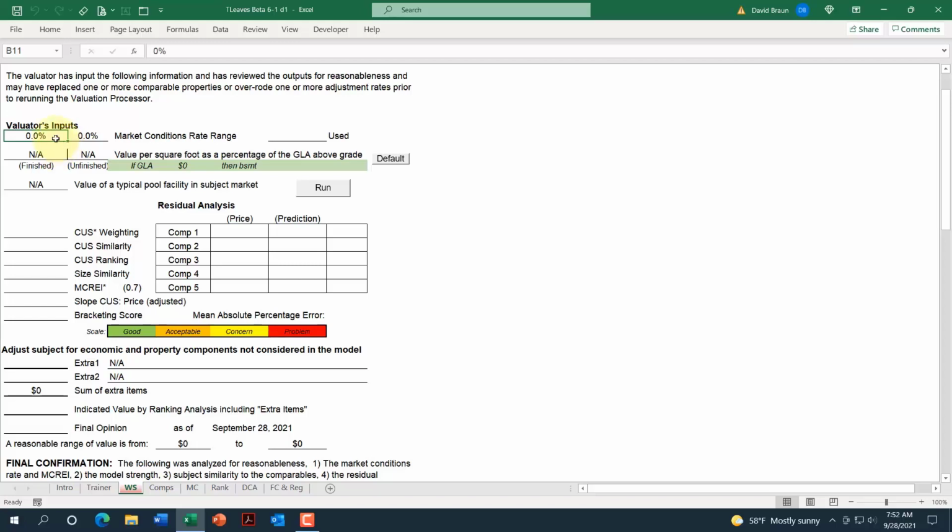So what we're going to do is we're going to put about, maybe we think it's more than 8, but it's less than 25. We're going to go to the high end because everybody's telling us that there is a whole lot of competitiveness on the contracts, and we don't want to be too low. But it's very unusual in my appraisal career of 40 years plus to have a market condition rate over 12%.